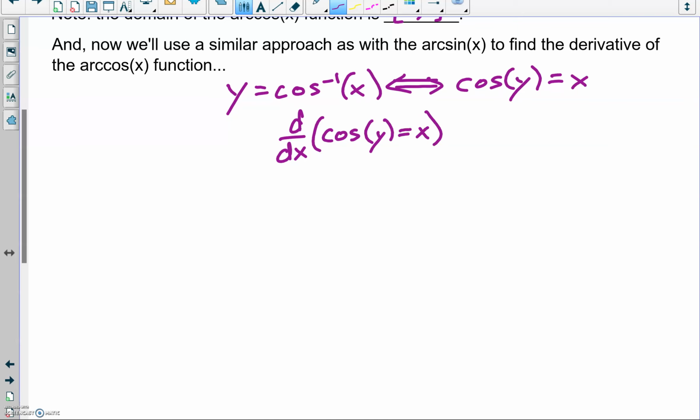The cosine derivative is negative sine, so we get negative sine of y times dy/dx, and this will equal 1. Then solving for dy/dx, the actual derivative of the arccosine in this case, we get negative 1 over the sine of y.